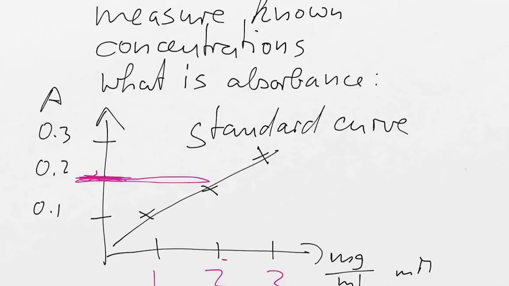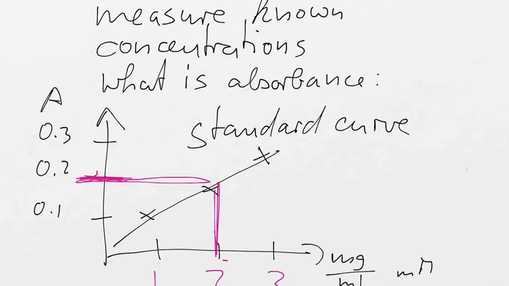My unknown concentration also gives me 0.2. So I know that my unknown concentration also is 2 milligram per milliliter. That's where it gets really nice with these standard curves, because the standard curve gives me sort of a map. Does that make sense? Yeah?